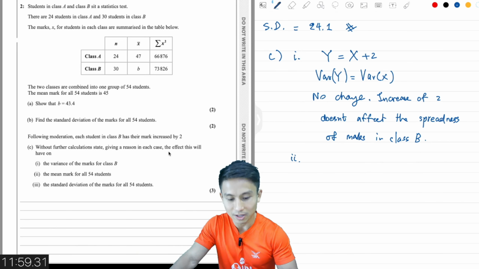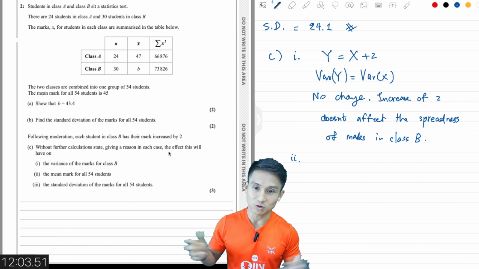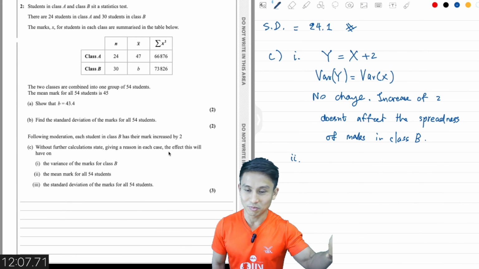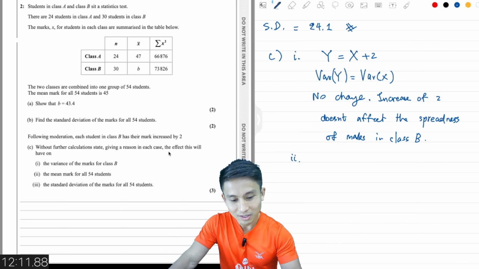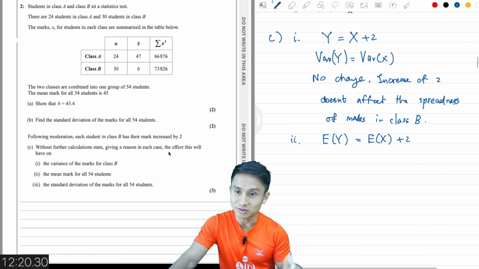Yeah, that's part I. Part II, the mean mark for all 54 students. Well, of course, if all of the marks are increased by 2, then the mean should increase. Or if you want, I can just show you that the mean will also be the mean of x plus 2, just by coding the equation, and the mean is expected value.